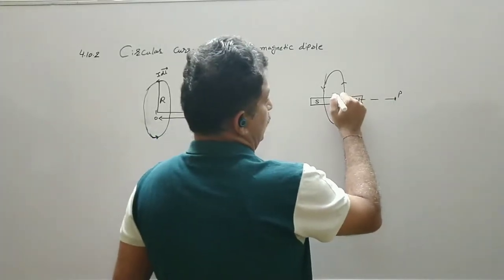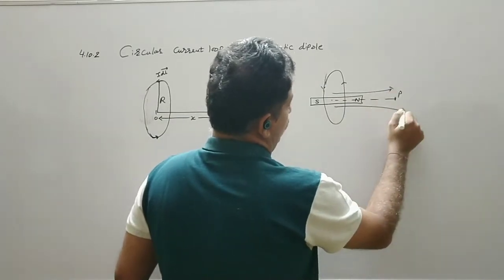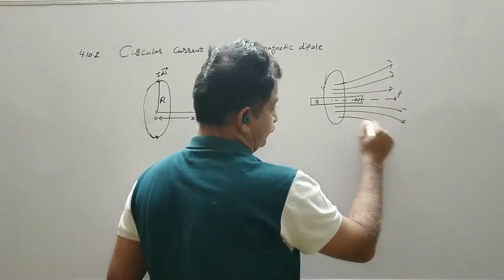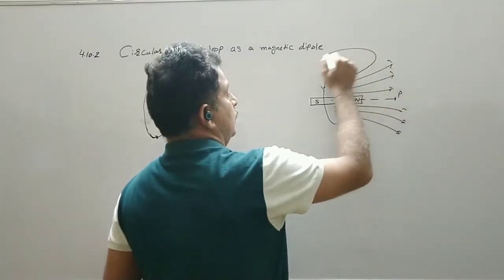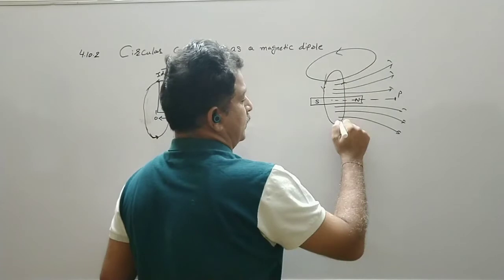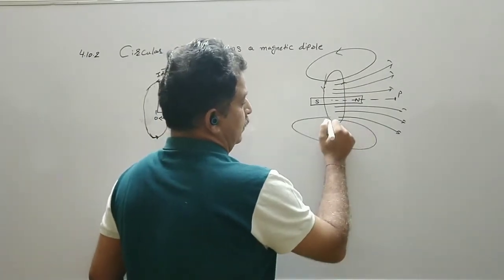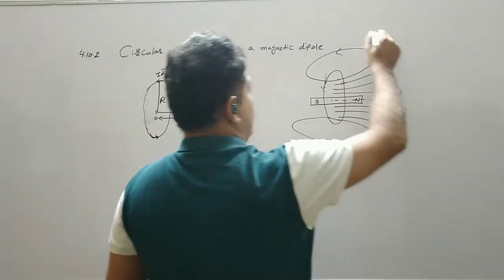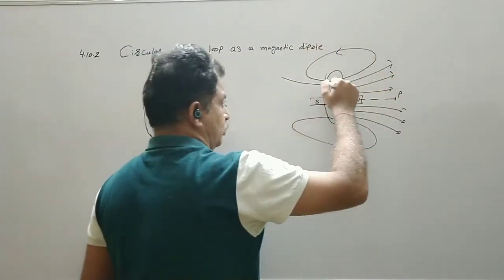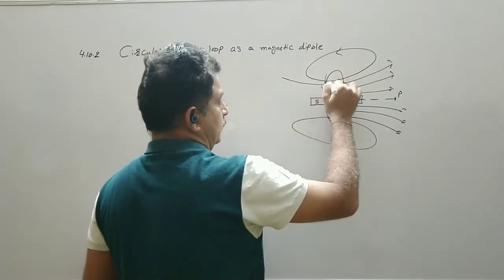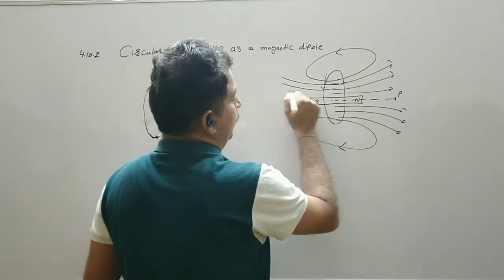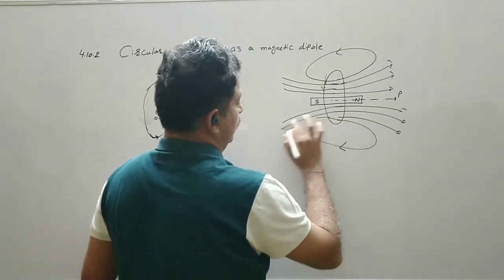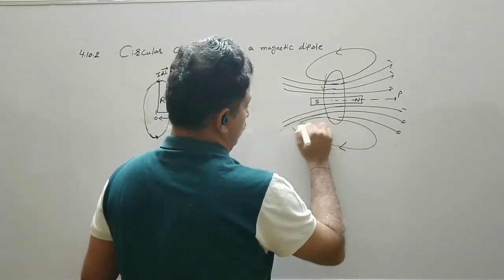These are the magnetic field lines. They originate from north and do not terminate, but inside the bar magnet they go from south to north.